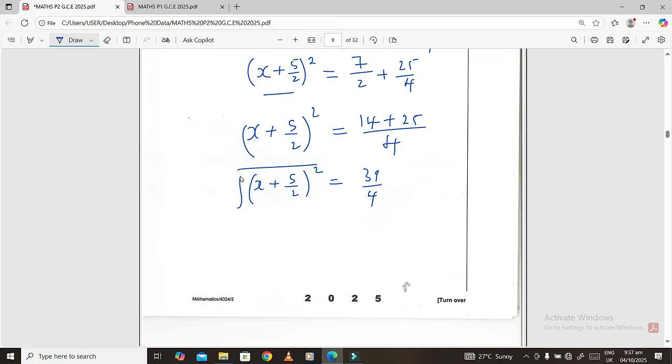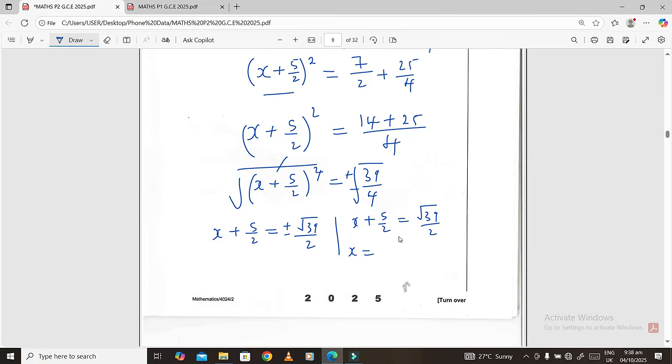Get rid of the power 2, introduce the square root. So it's going to give us x plus 5 over 2 is equal to plus or minus square root of 39 over 2, because the square root of 4 is 2. We can therefore form two equations. x plus 5 over 2 is equal to square root of 39 over 2.